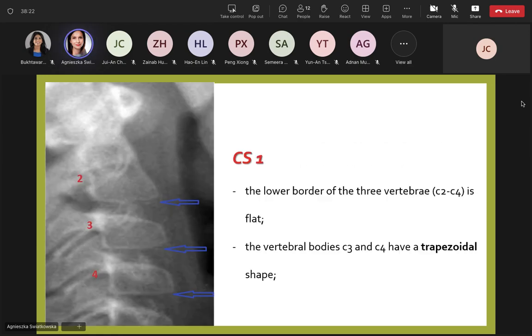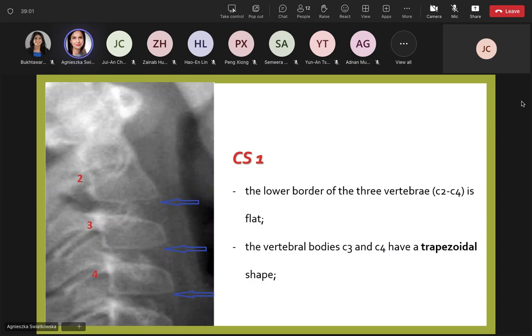Look now at the shape of the lower border of each vertebra for stage 1. As you see, typical for this stage is that the lower border is flat. And this is very characteristic. So we can give this picture for all the quizzes, and I think nobody would have a problem recognizing that this is stage 1.